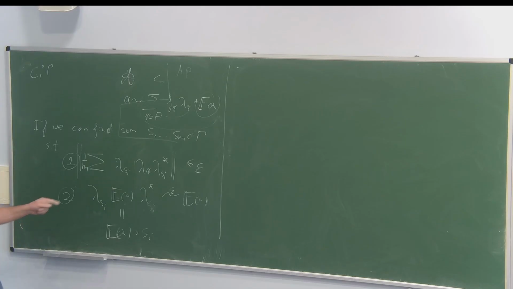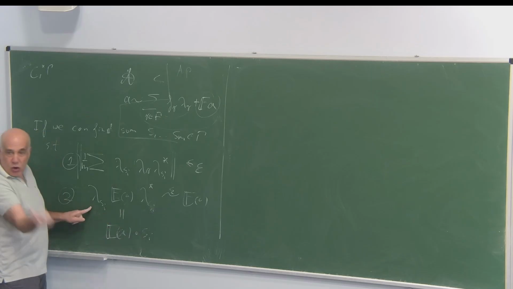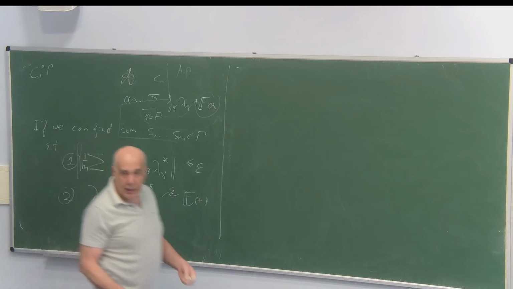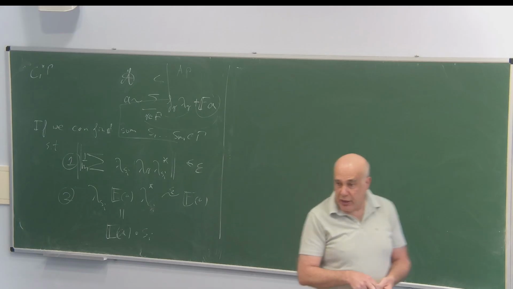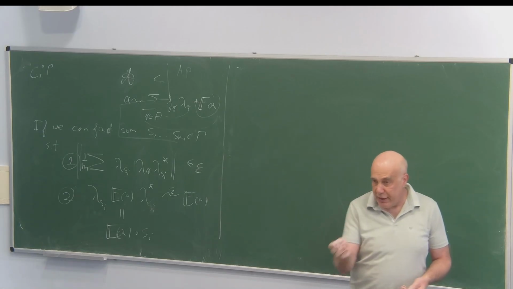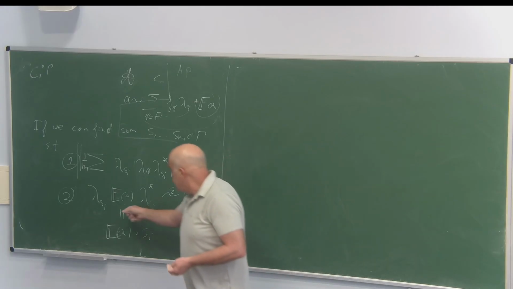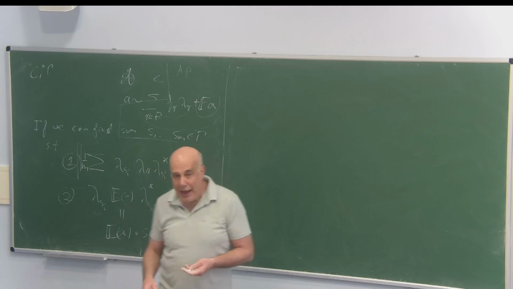I want it to happen with elements that on the space X are converging uniformly, let's say, or in the measure theoretic sense, to the identity. And therefore they don't change this part too much.